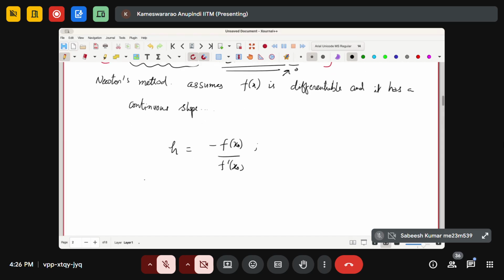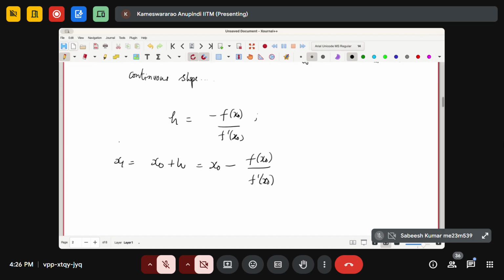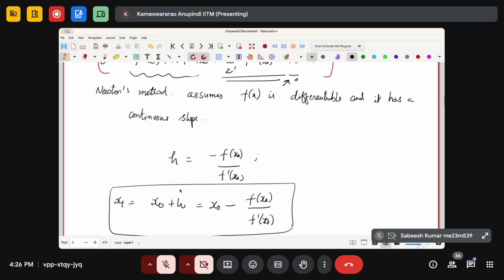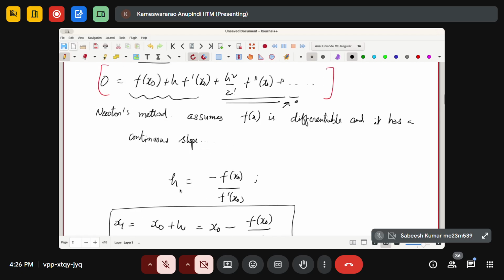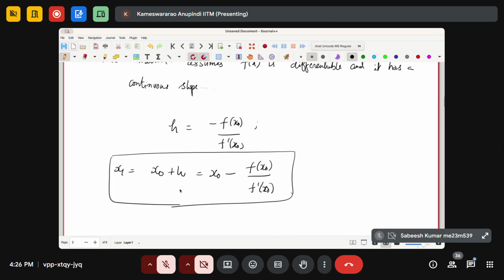That means I can make my correction, that is x0 plus h, as my new value, equal to x0 minus f of x0 divided by f prime of x0, right? So that is nothing but again Newton's method, which we derived previously by assuming the tangent as the approximation. The second way of looking at it is the Taylor series expansion method, okay?